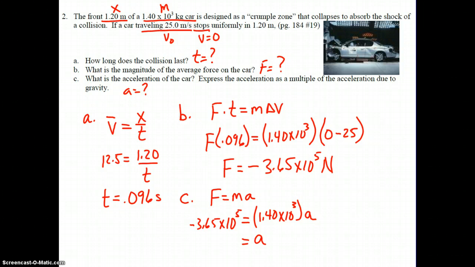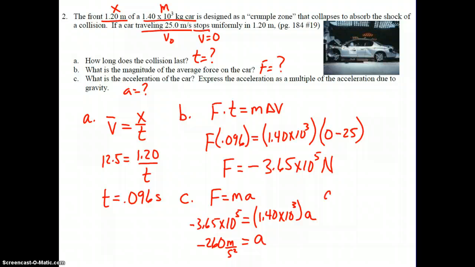That was a negative value on the force, so we should get a negative acceleration, and it looks like the acceleration is approximately negative 260 meters per second squared. They also asked us to express that as a multiple of the acceleration due to gravity.